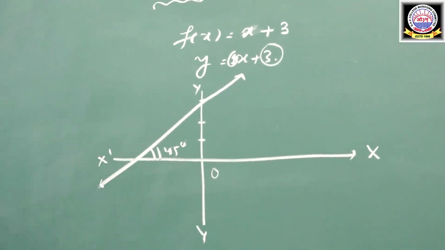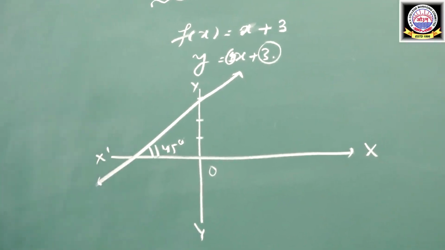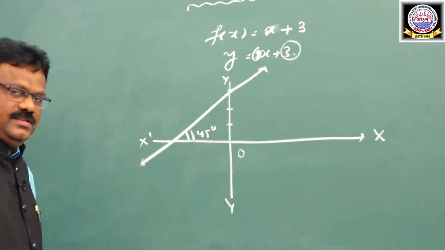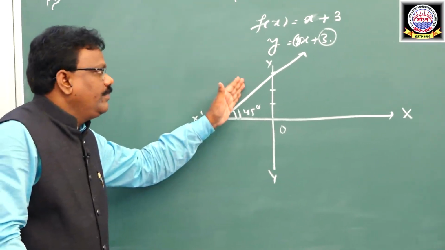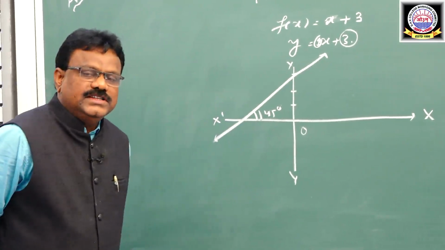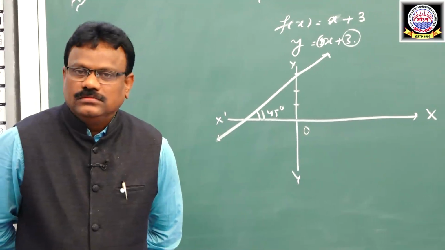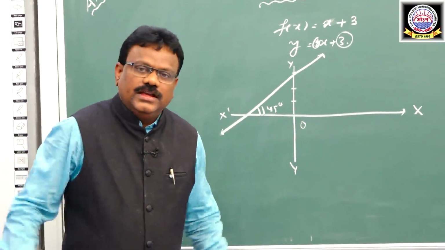So it is going towards minus infinity. So by seeing the graph we can say the function f of x is equal to x plus 3 does not have a maximum value, means the function does not have a maximum value anywhere.